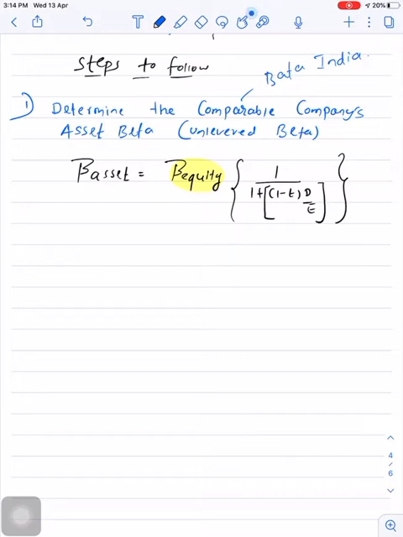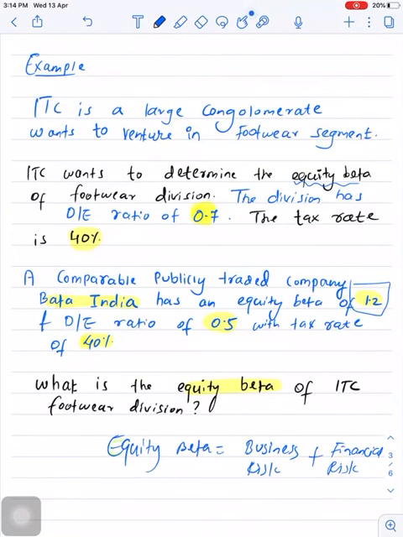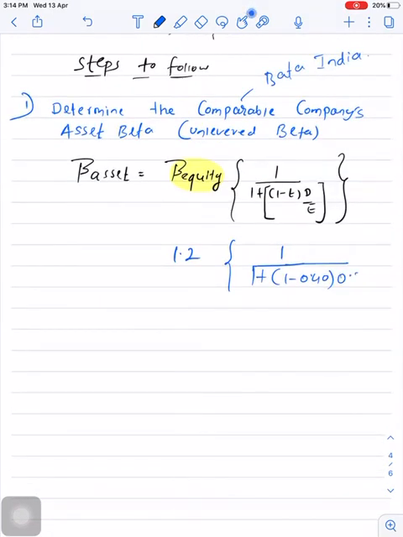We do not want financial risk, we only want business risk. So this will be 1.2 times 1 divided by 1 plus (1 minus tax rate of 40%) times the debt equity ratio of Bata, which is 0.5. When you do this calculation, you will get the asset beta of Bata as 0.92. This is business risk.